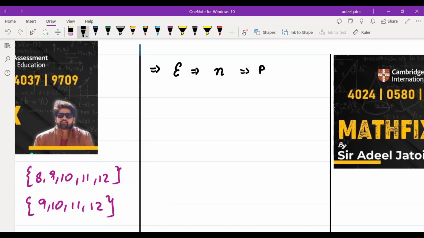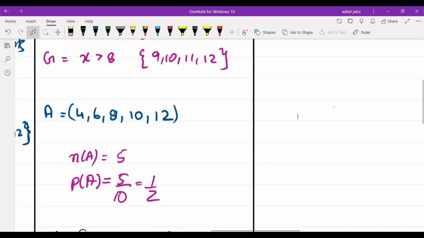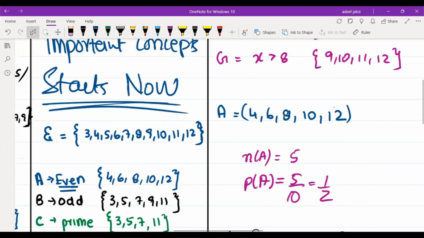The examiner can ask you to find out set A, set B, set C with the given information from the set which you will be taking out from the universal set. So N and P are important plus sets are important. So let's just work through. Let's take the two sets which we already took out.